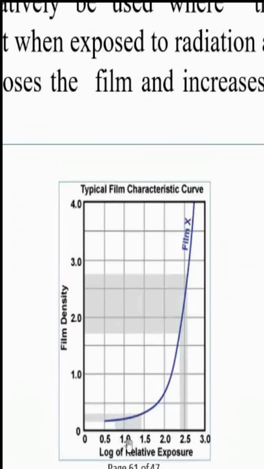So log of 10 is 1. Log of 100 is 2. And log of 1000 is 3. So when you convert these numbers by taking anti-log, you will get the time scale.